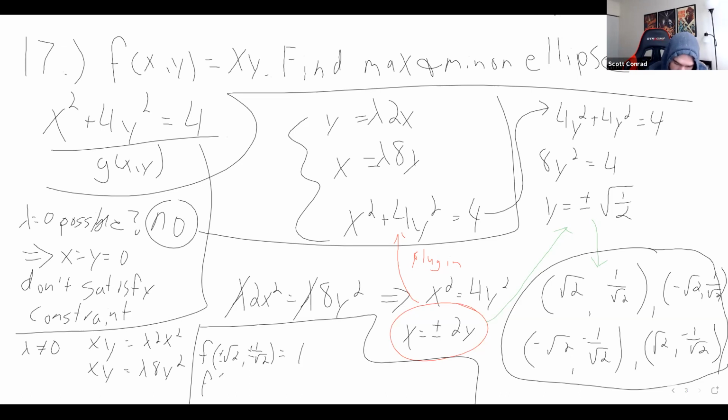And where the two guys have opposite signs, we get negative 1. And so 1 is our max, negative 1 is our min.